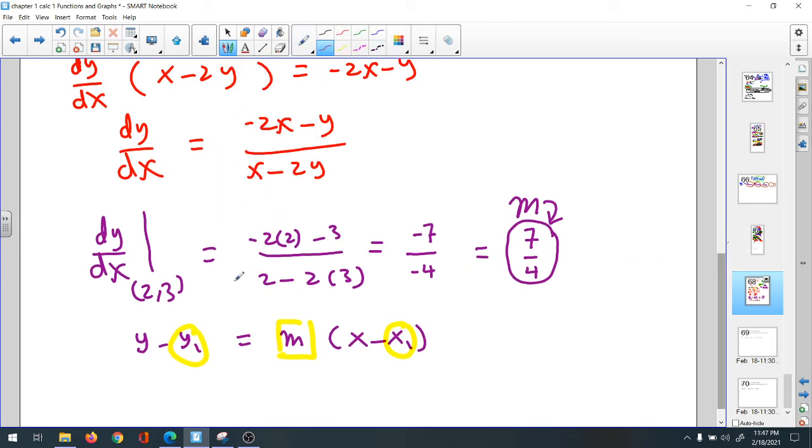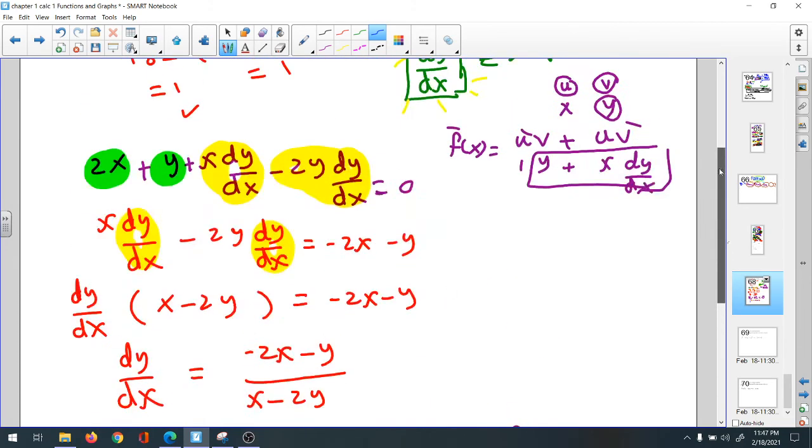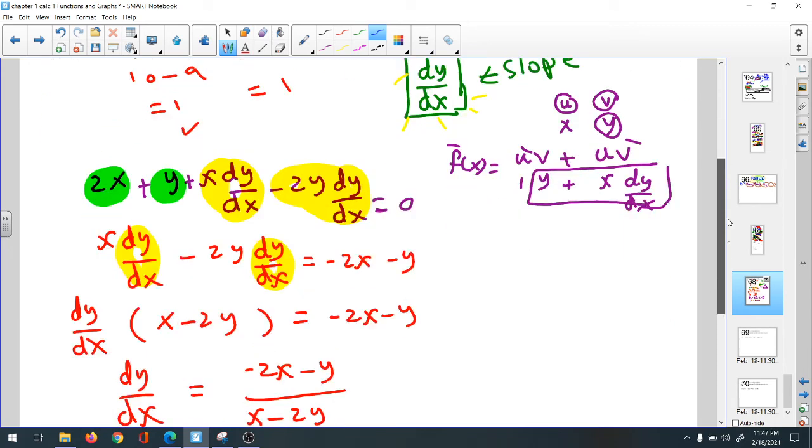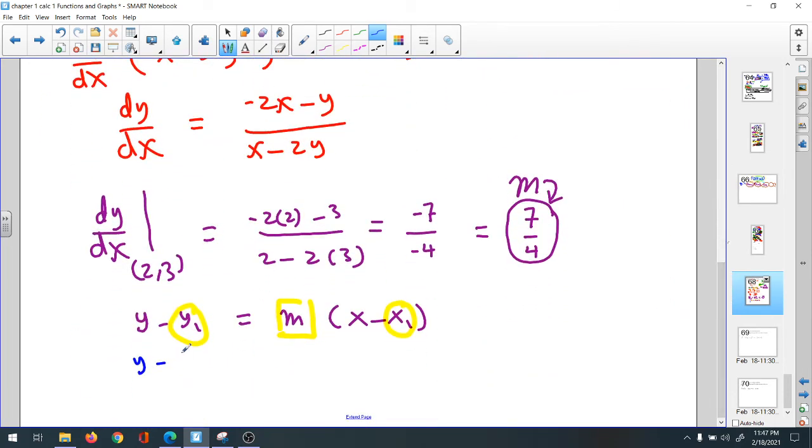So it will be y minus y1, which from the given point is 3, so y minus 3 equals, the slope is 7 over 4, times x minus x1, which from the given point is 2.